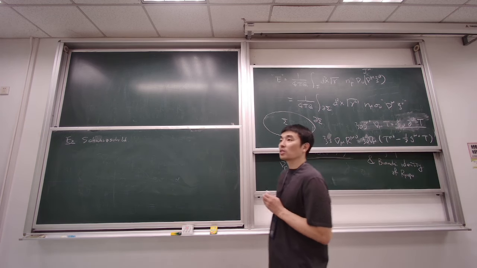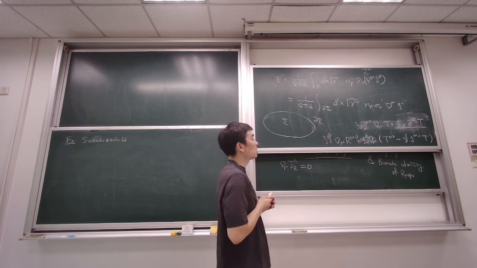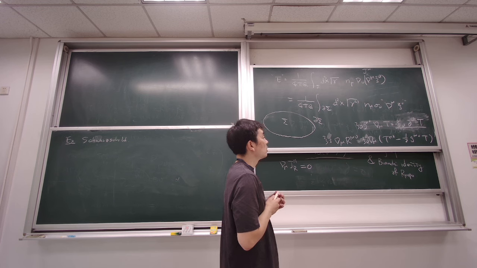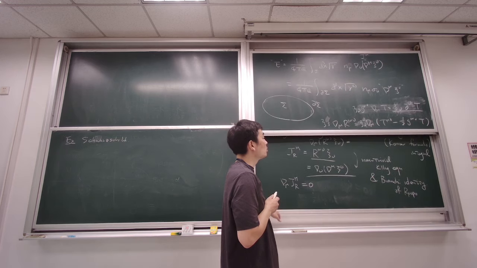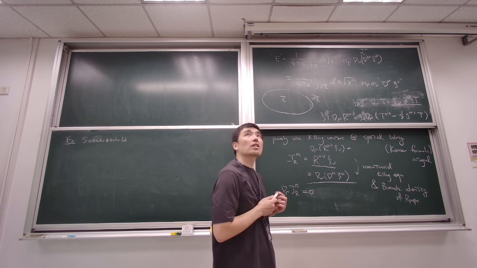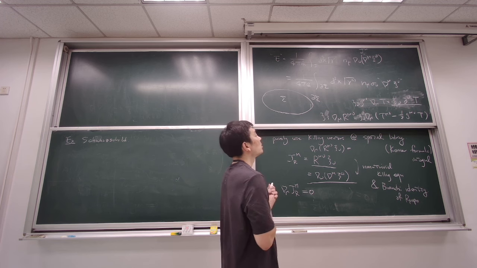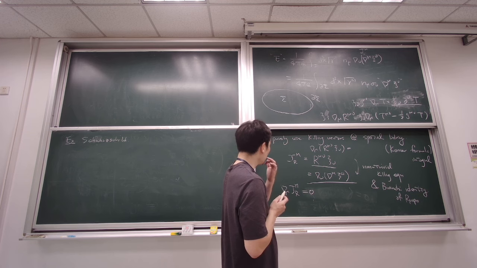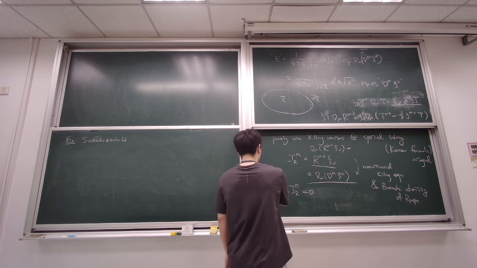So since this is a Killing spinor, this should be 0. I think that's how it should be 0. How to show that it's a Killing spinor? If it is not 0, definitely it's not a Killing spinor. Well, how to show that?